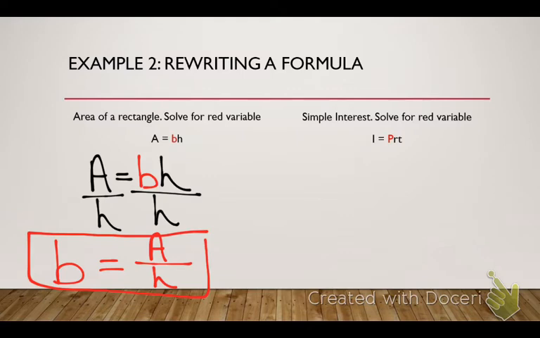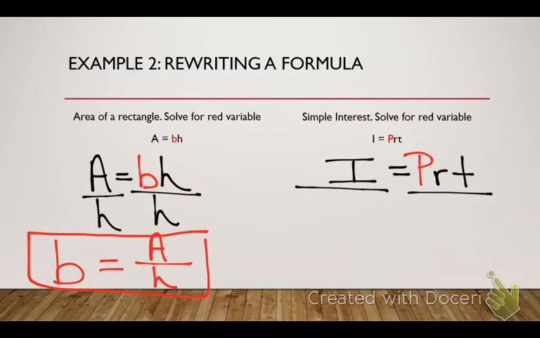I equals PRT. Which variable's in red? P. What operation is connected to P? Multiplication. And because it's all multiplication, we can do everything in one step. I want you to figure out, what am I dividing by?